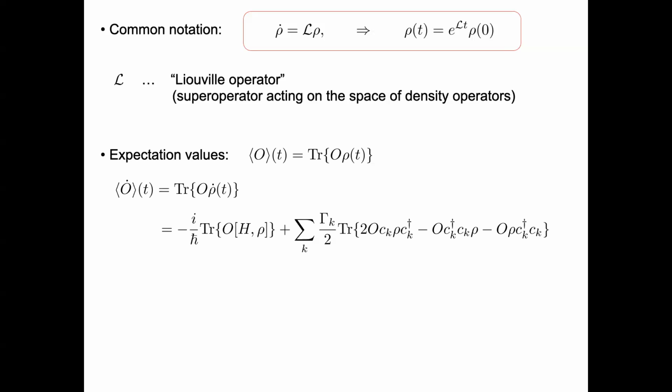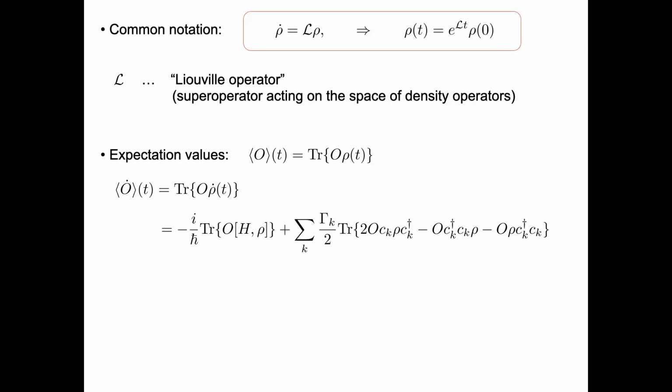And now what you can see is that I have this commutator, so I have a few terms, but everything is under the trace. So under the trace, I can do cyclic permutations, and I can reorder this whole expression a little bit. So what is O, H, rho? Under the trace, I can write this as a trace.